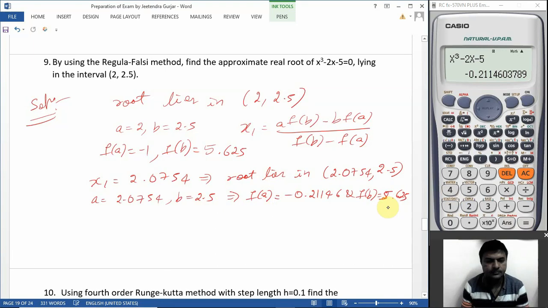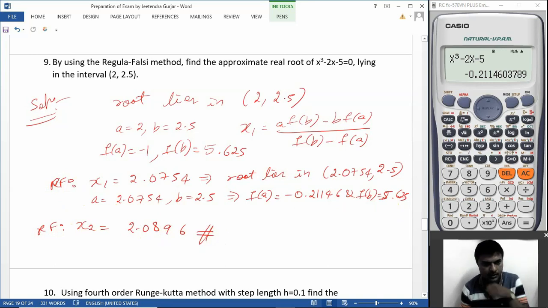Okay, students, now we'll immediately simplify this problem. You can see here y dash is equal to x into y they have given. Now I will simplify one by one. So given is x naught is equal to 1, y of 1 is equal to 2, h is equal to 0.1.